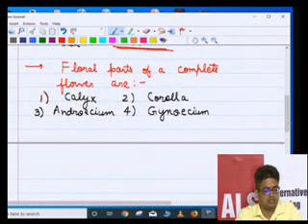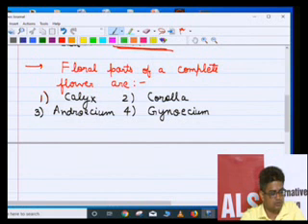Calyx, corolla, androecium and gynoecium. So these are the floral parts.